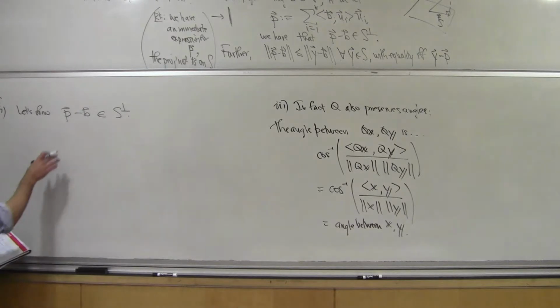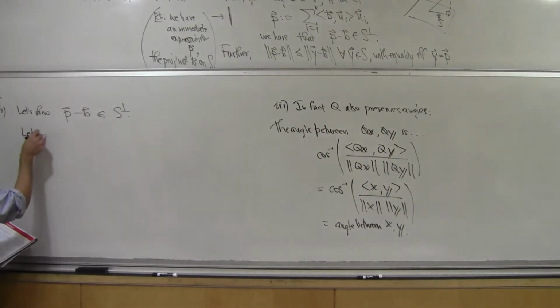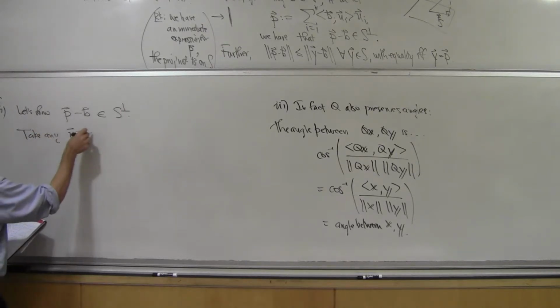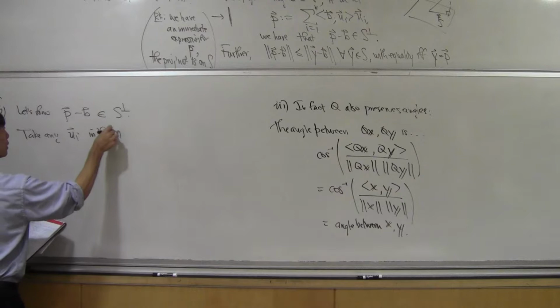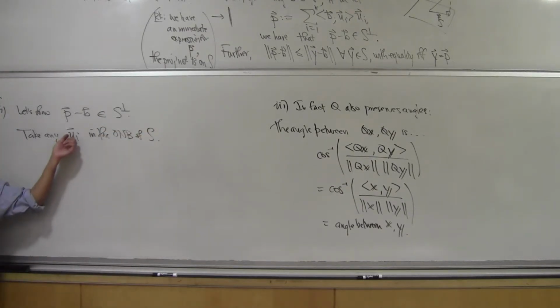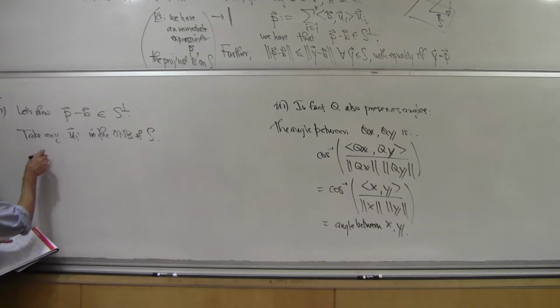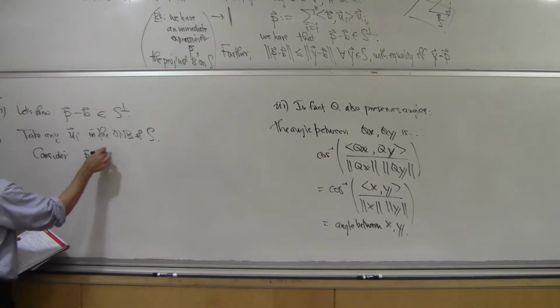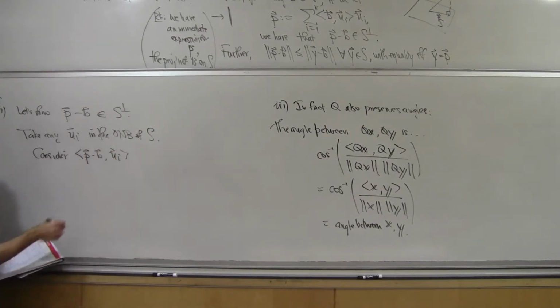Let's take any Ui in the orthonormal basis of S. Take one of the elements of the orthonormal basis, and let's consider the inner product of P minus B against Ui.